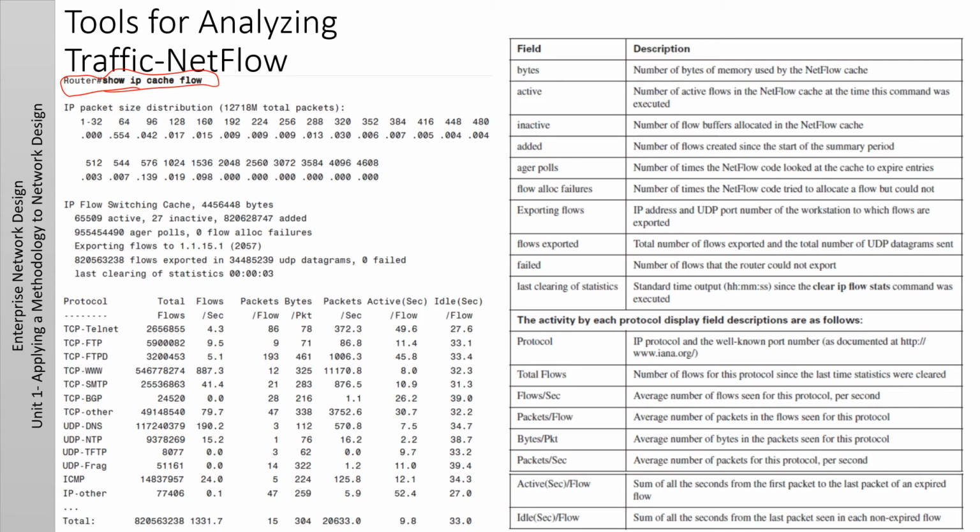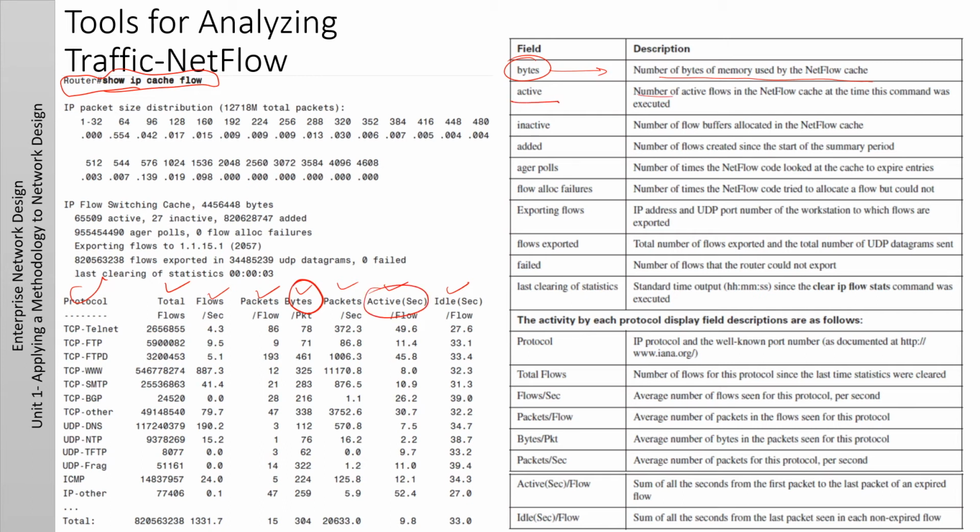So what are the things when we run show ip cache flow? It will display protocol, total flows, flows per second, packet, byte, packet, active, idle. So let us see different fields like byte. Number of bytes of memory used by the NetFlow cache. So this is byte. Okay. Active. Active is given here.